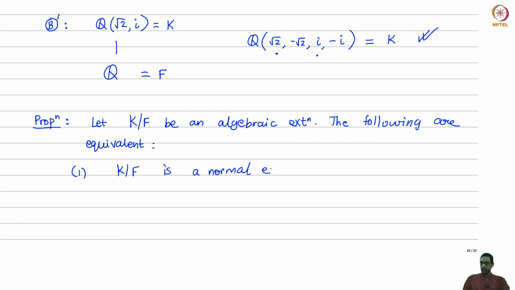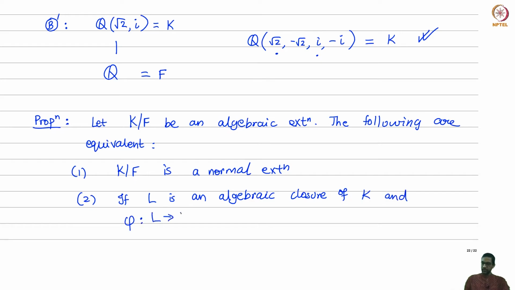Being normal means, of course, that it is a splitting field of a collection of polynomials, but the other additional thing I am talking about is point number 2 here, which says that if L is an algebraic closure of k, and phi from L to L is a field automorphism of L such that when you restrict it to the base field f, you get the identity.